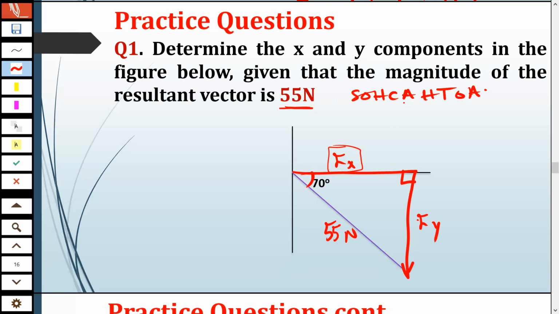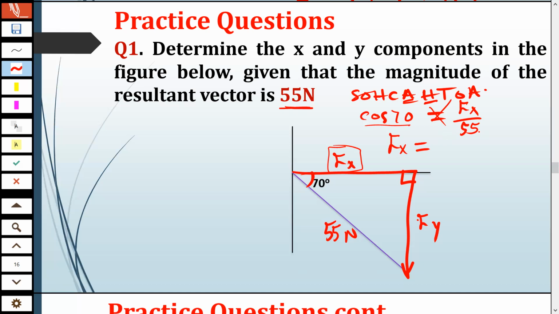the one that deals with the adjacent and the hypotenuse is cos. So cos 70 is equal to the adjacent over the hypotenuse. The adjacent is the force in the x, and the hypotenuse is 55. When you do the cross multiplication, the force in the x will be equal to cos 70 times 55. I'm trying to be fast because I want to finish in the time that you told me.